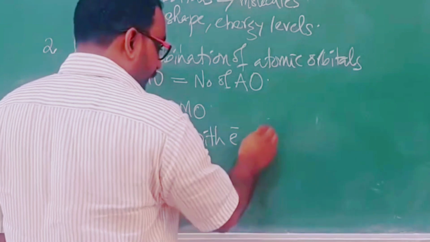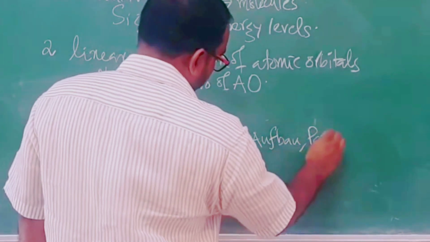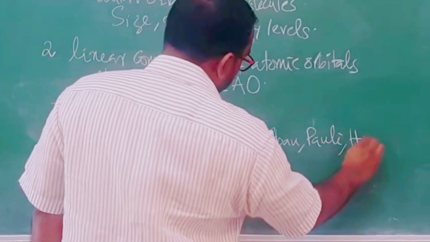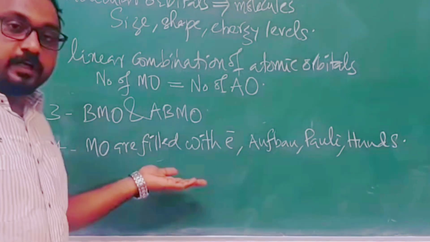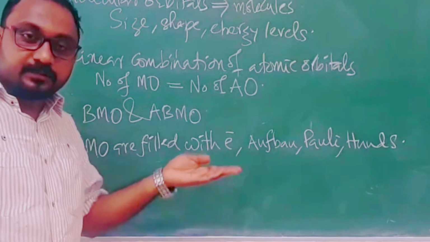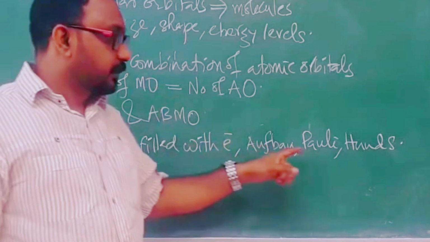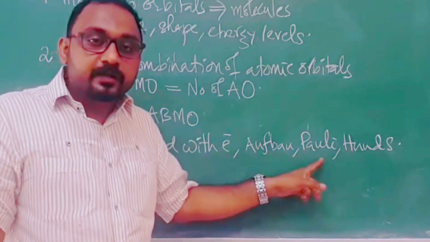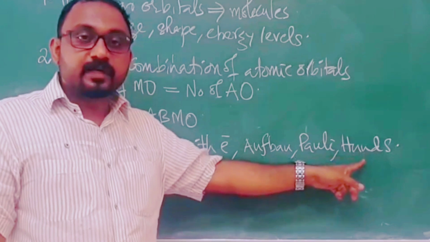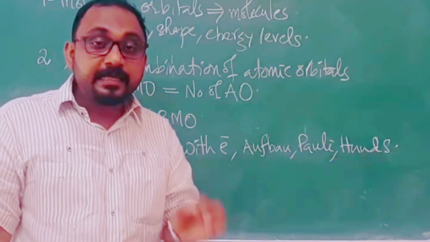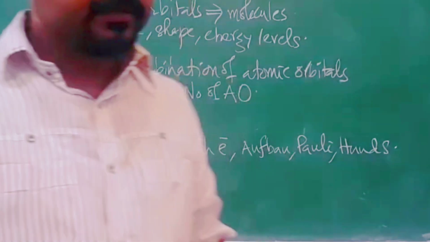You can write according to Aufbau, Pauli, and Hund. To put it another way, the molecular orbital with lowest energy will be filled with electrons first, and there will be only 2 electrons in a molecular orbital, and pairing of electrons happens only after each orbital is singly occupied.